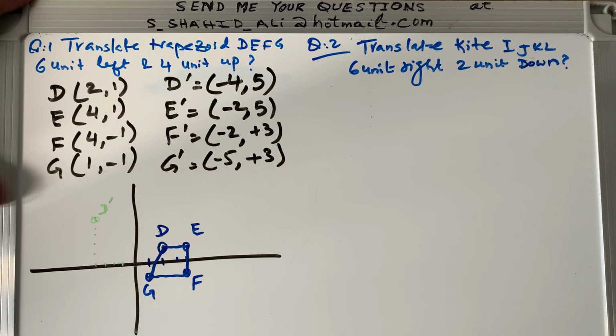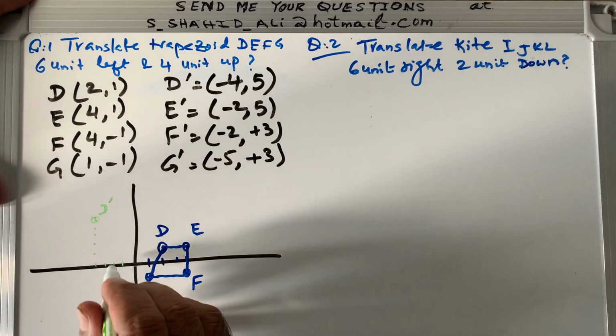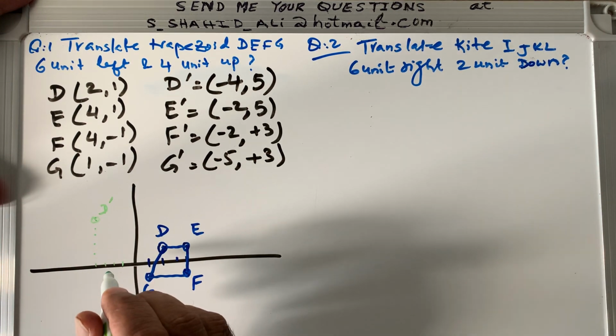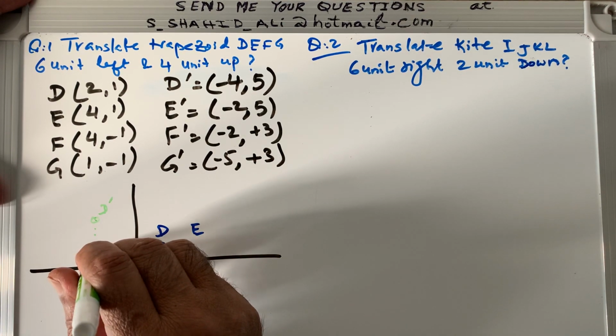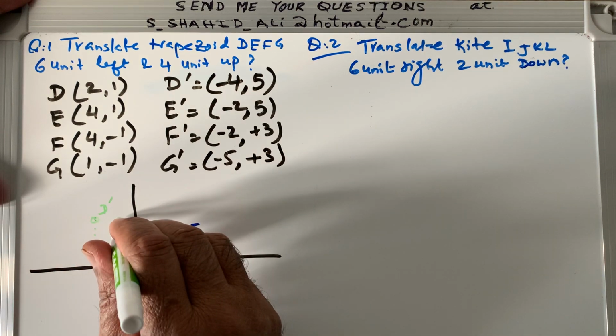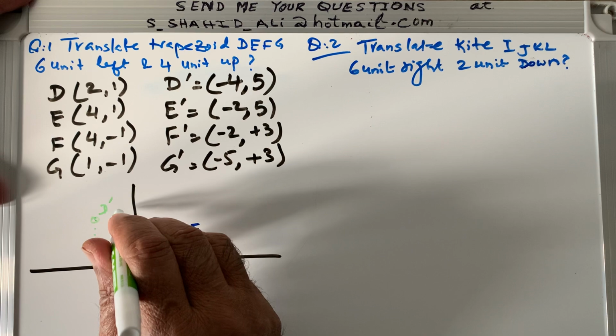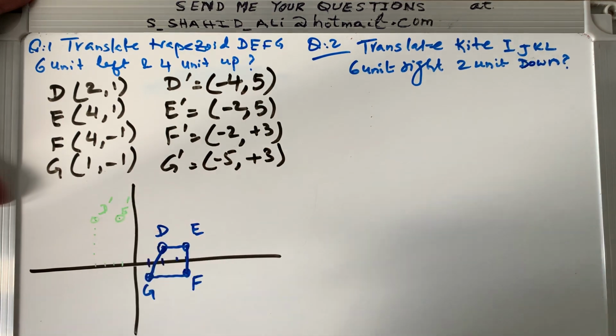And then minus 2 and 5. So minus 2. And I have to go 5, plus, right? Same. So this is my E dash, right?